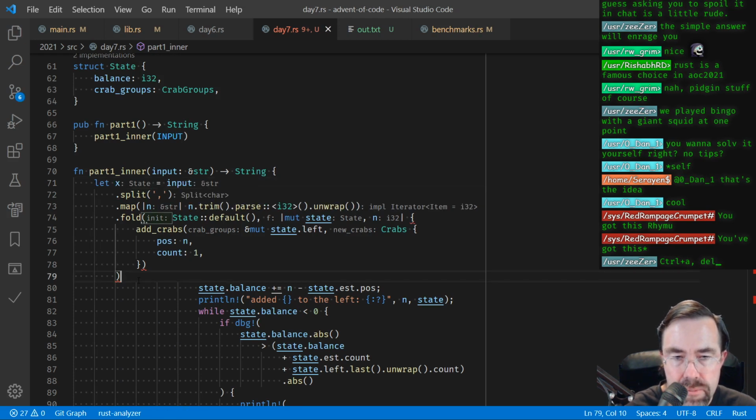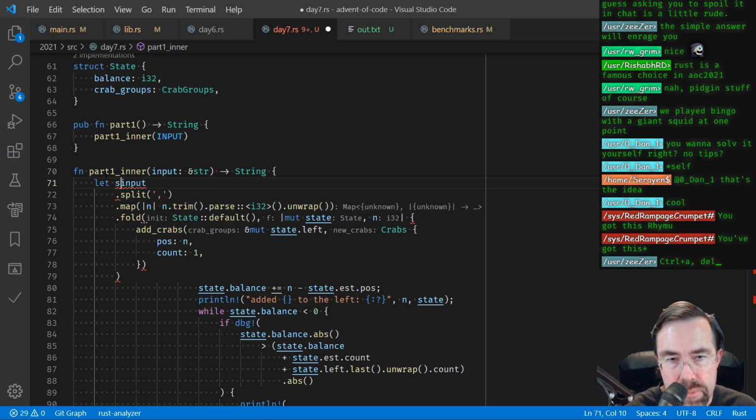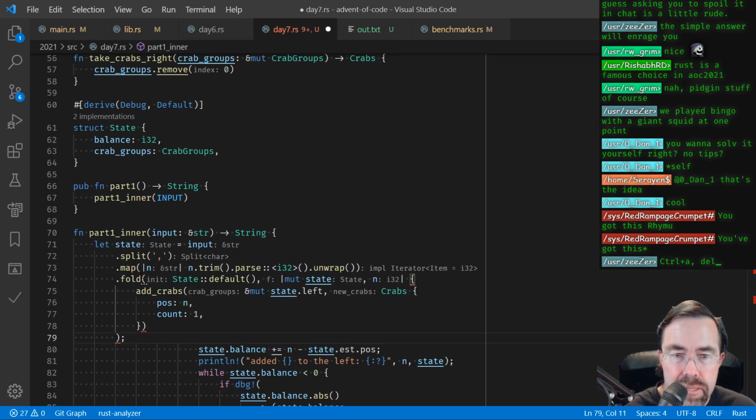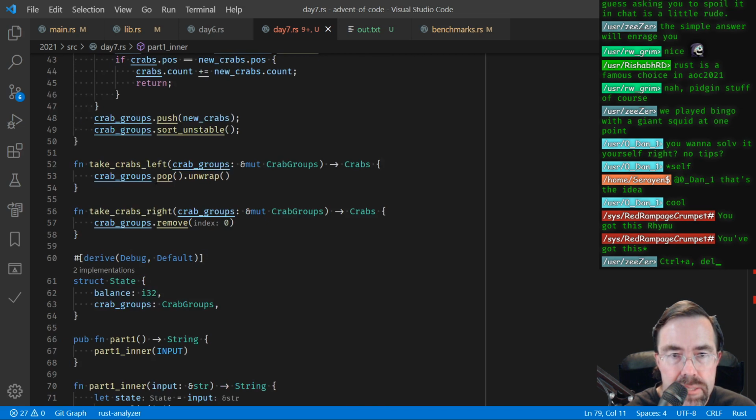What type do we get? We get a state, exactly. Okay, and then with that state, so let's just say state, mutable state? State? Sure. Do I even need a state then? I don't even need a state. What am I doing? Let's get rid of state.